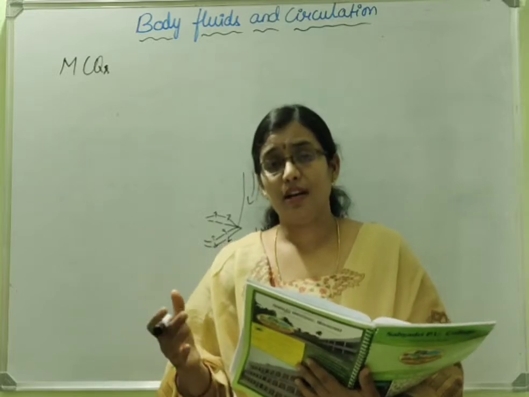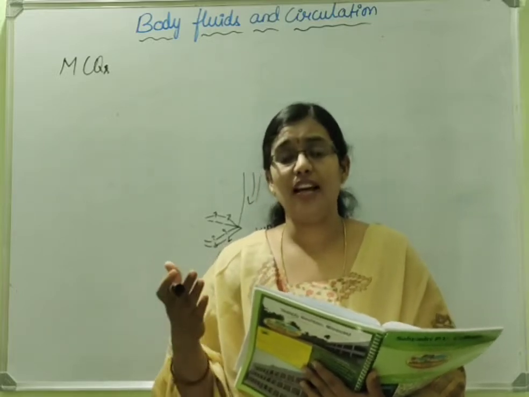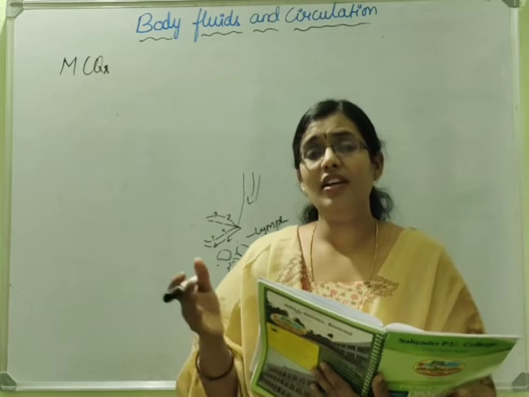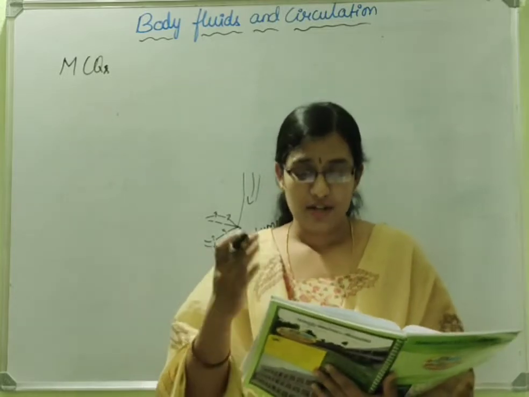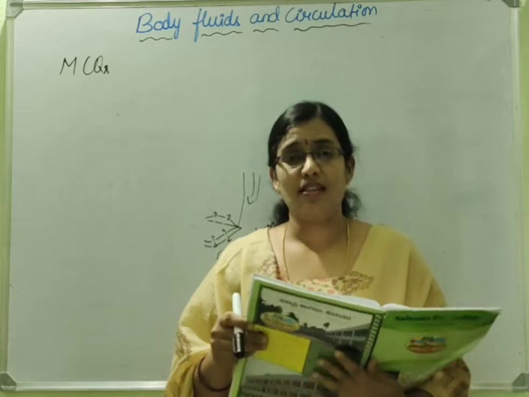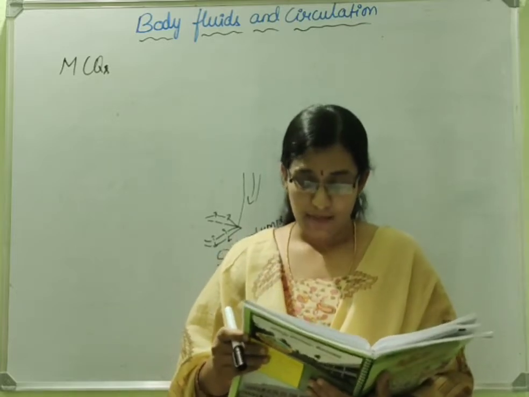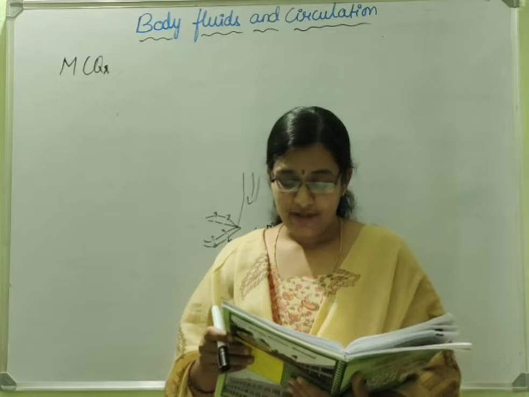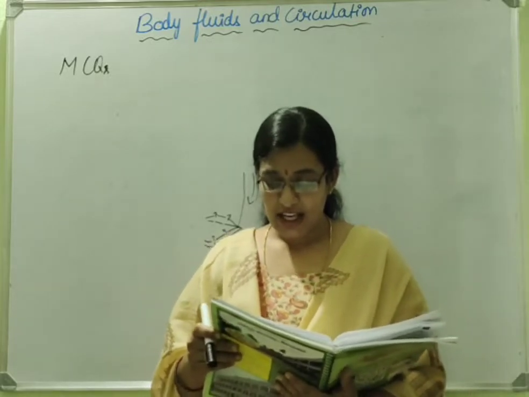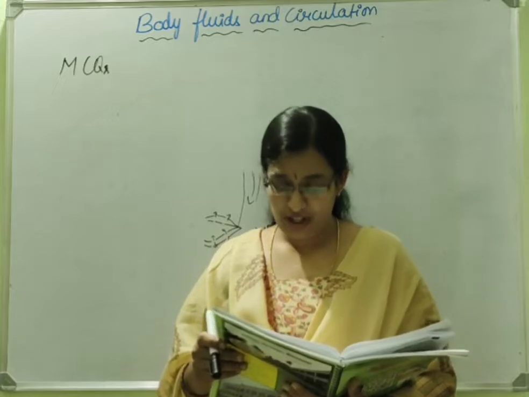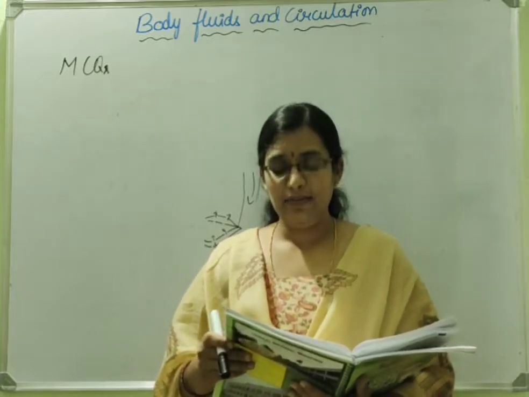So it is doing both the functions like RBCs are doing, carrying oxygen and carbon dioxide. So this lymph is called the middleman of the body. Option C. Next question, open vascular system is found in option A earthworm, B fish, C man, D prawn.